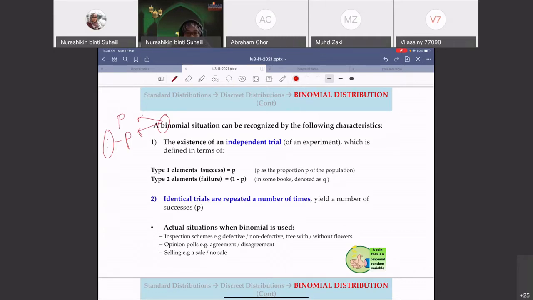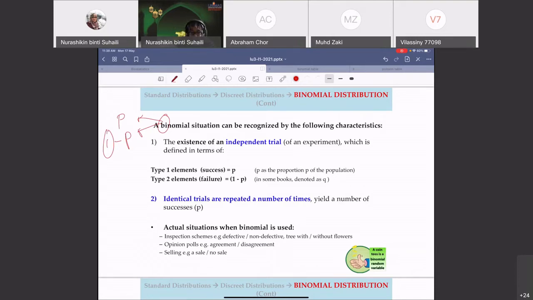So that's how it is denoted: P and 1 minus P. P is the probability of the event, whatever you are referring to. It's not only success or failure, it can be any situation or any outcomes, whenever there are two outcomes.